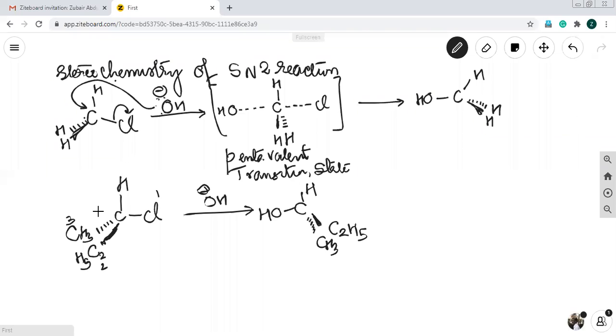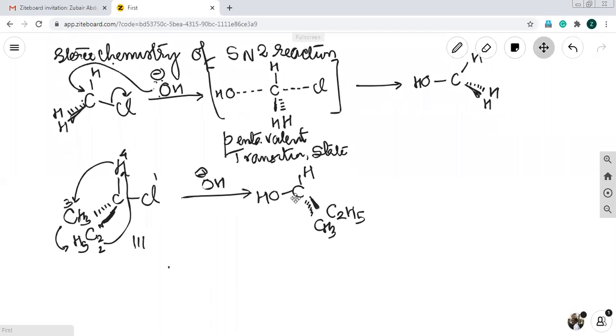Now what should we do? This is 4. We have to bring the hydrogen to the back side. That means I have to bring the hydrogen to the place of CH3, the CH3 to the place of C2H5, and the C2H5 to the place of hydrogen. So this molecule is the same as this one.